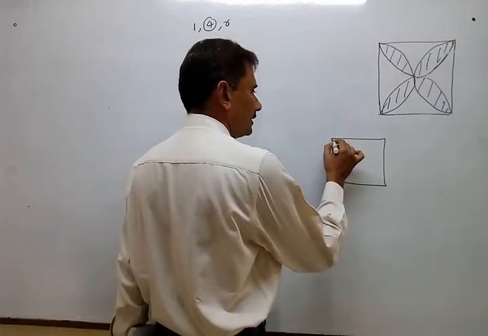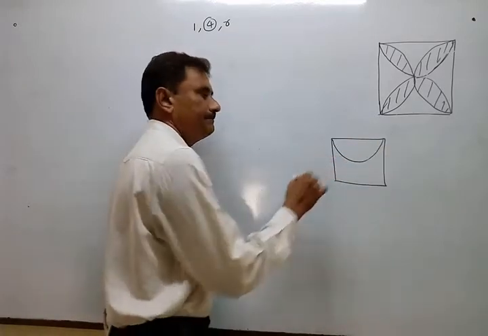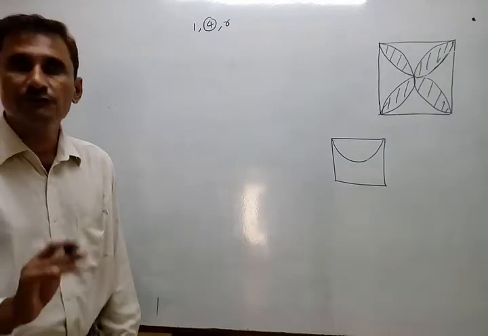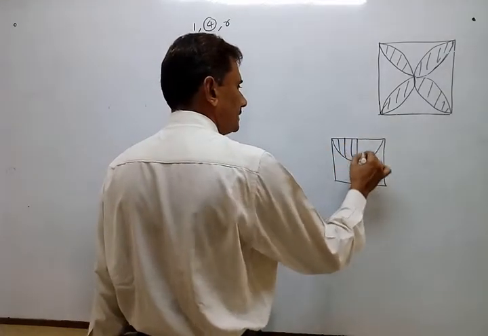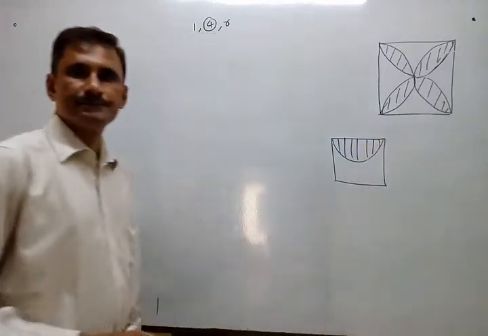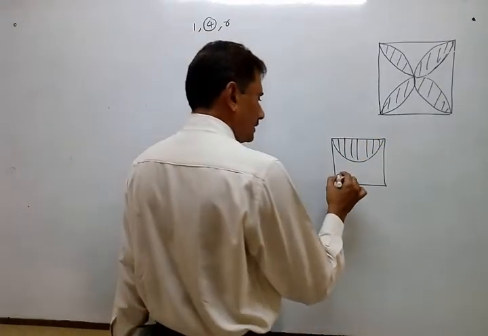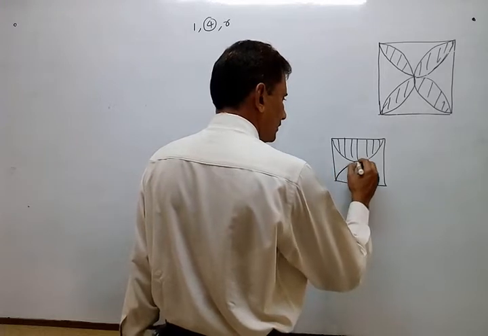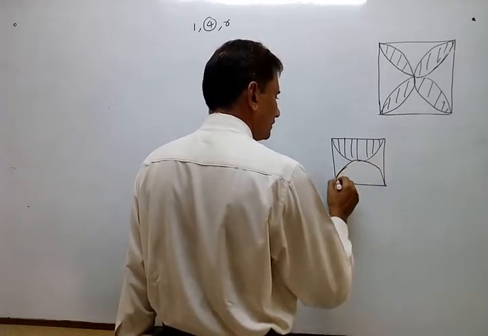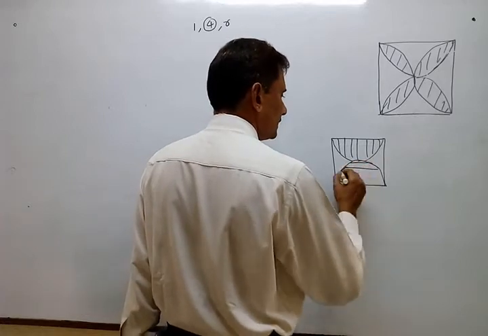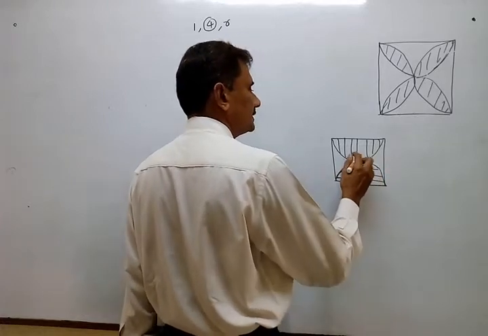Suppose I draw one semicircle, and suppose the lining will be just like this. Now I draw the second one. Suppose this area is this.